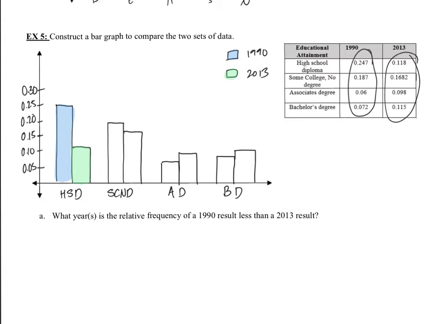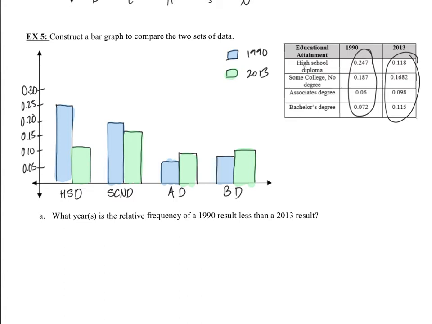Okay, I'm going to color code these in. We have the 1990s in blue and the 2013s in green. Notice how they are clustered together in their groupings. That's how you want to do it when you're comparing two different sets of data. If we had three different sets, you would cluster a third one right near it.